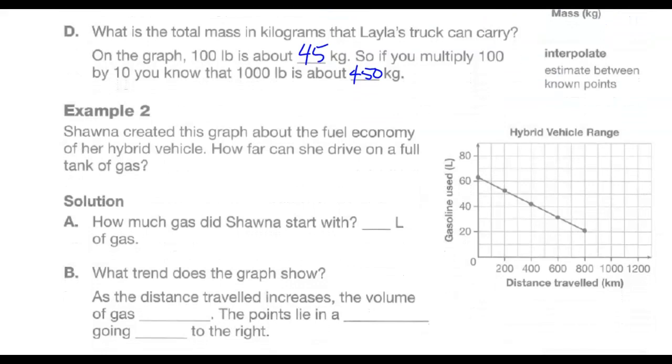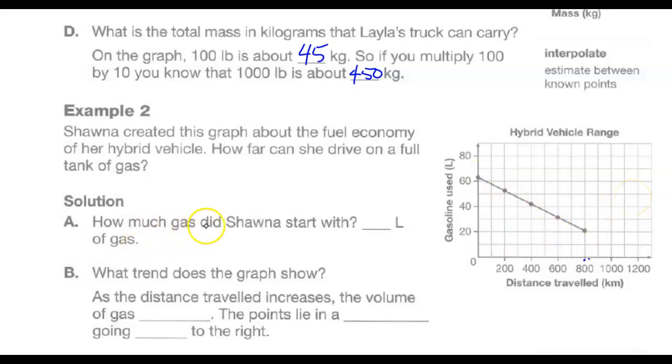Next one says Shauna created the graph about the fuel economy of her hybrid vehicle. How far can she drive on a full tank of gas? So you can see here, gas used is the vertical, distance traveled. So if they've traveled 800 kilometers, they've used up gas from about, I don't know, 62 down to 20.